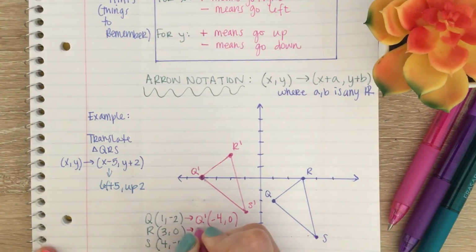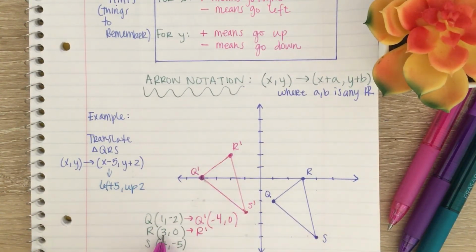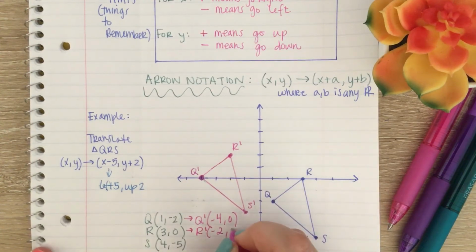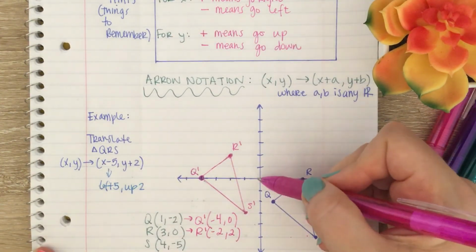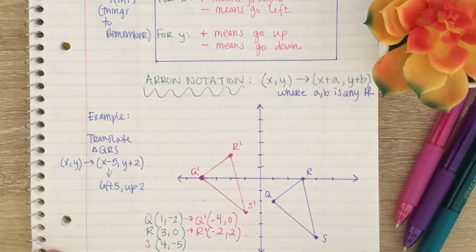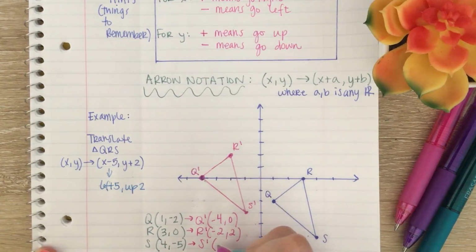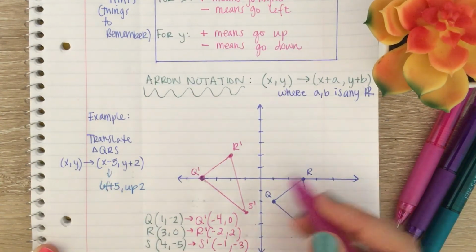Let me double check all the rest of these. 3 minus 5 is negative 2, and 0 plus 2 is 2. Is R prime at negative 2, 2? 1, 2, 1, 2. Yes, it is. How awesome is that? For S, we have 4 minus 5, negative 1, and negative 5 plus 2 is negative 3.